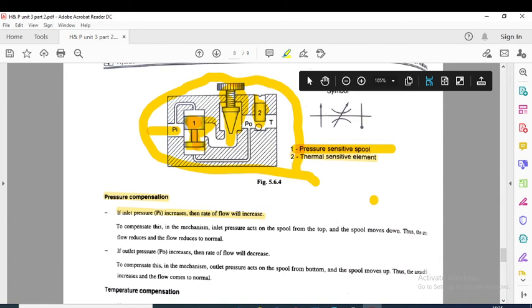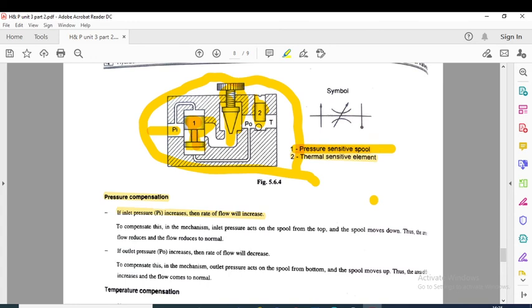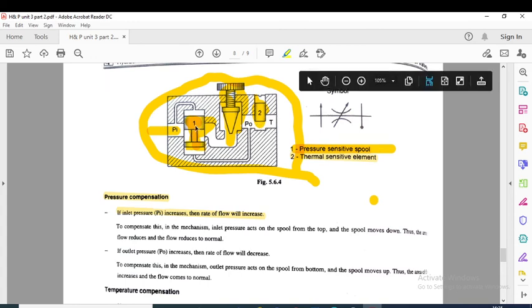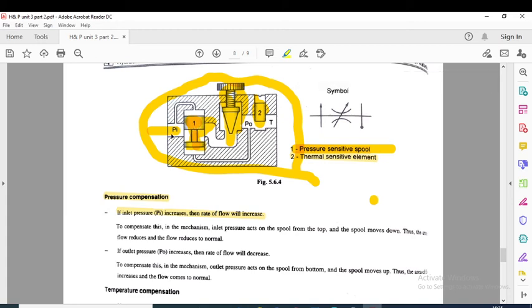So to avoid this, we use the pressure compensated flow control valve. When the pressure P1 increases, the inlet pressure acts on the spool from the top, and the spool moves down. Hence there is a flow reduction, and the flow reduces to normal.